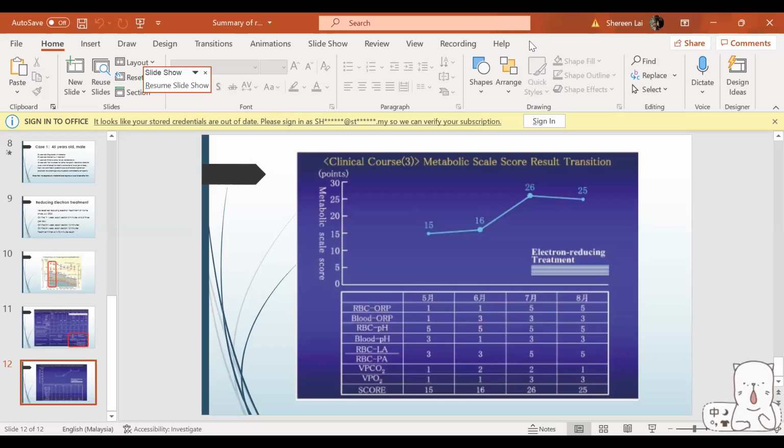So this is what I've extracted from Dr. Nobre's research. Does anybody have any questions?